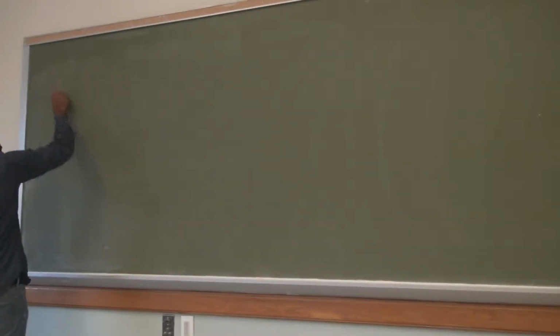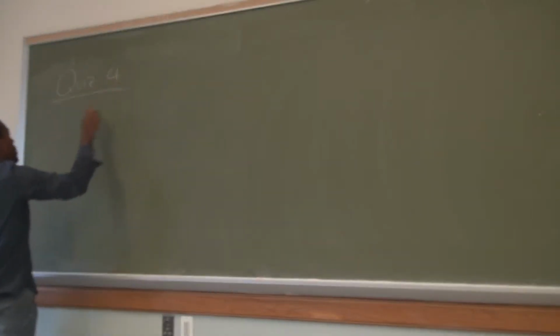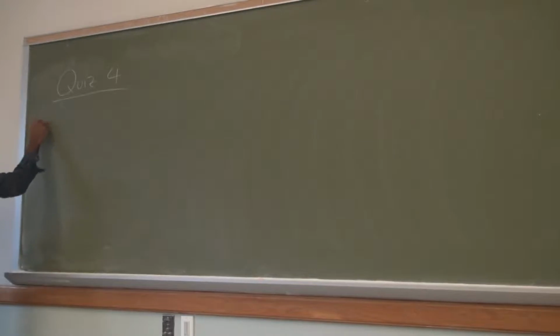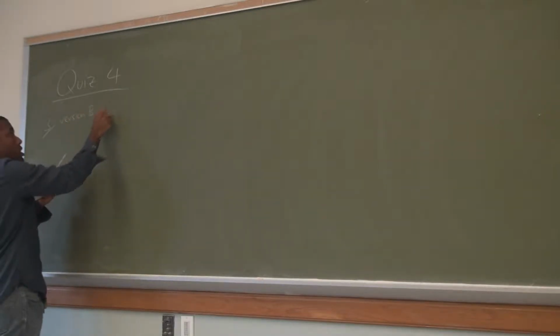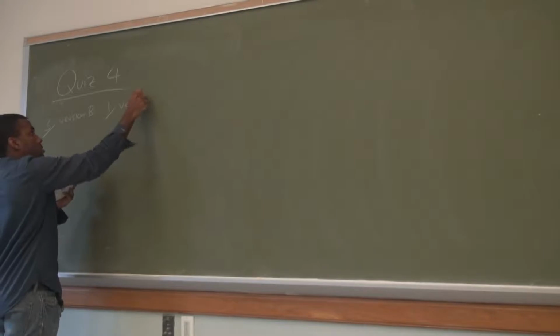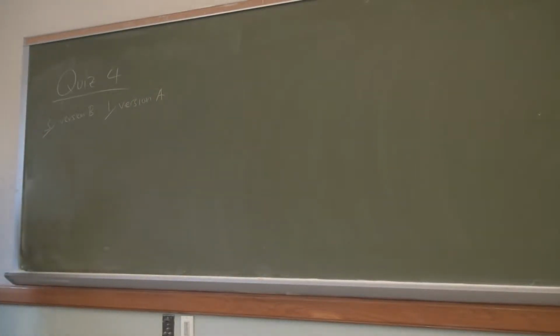Okay, so this is quiz 4, version B. It's number 3 from version B, and it's actually number 1 from version A, where I ask you to write down an equation that defines when a function is continuous at a point x equals n.